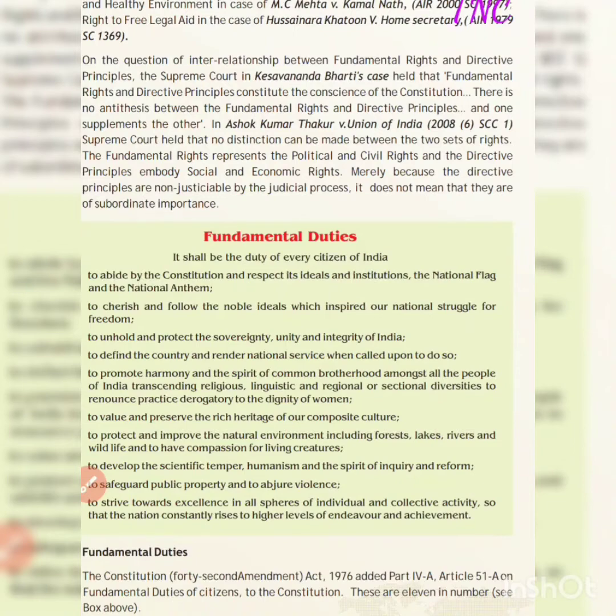On question of interrelationship between fundamental rights and DPSPs, Supreme Court in Kesavananda Bharati's case held that fundamental rights and directive principles constitute the conscience of the Constitution.